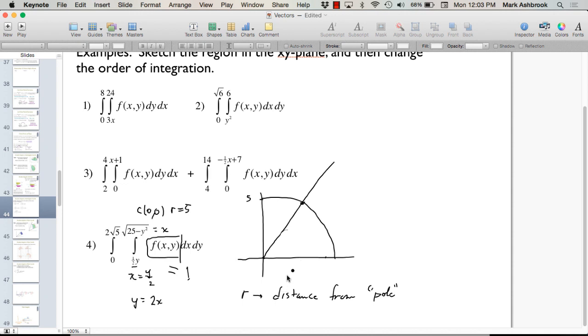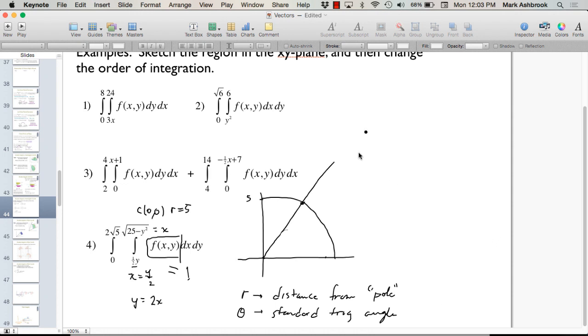And then what's the other coordinate? Theta. That's our standard trig angle, the same one we used for the directional derivative: the angle measured counterclockwise from the positive x-axis. It's the same theta we used for sine and cosine, for trig, right?